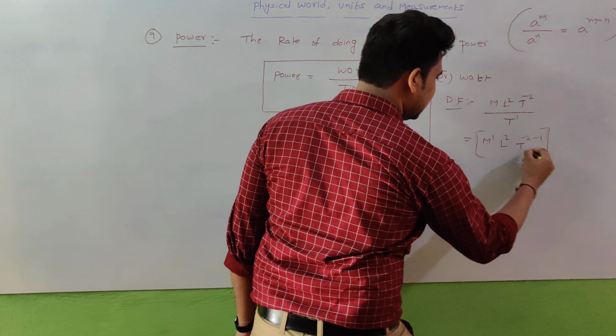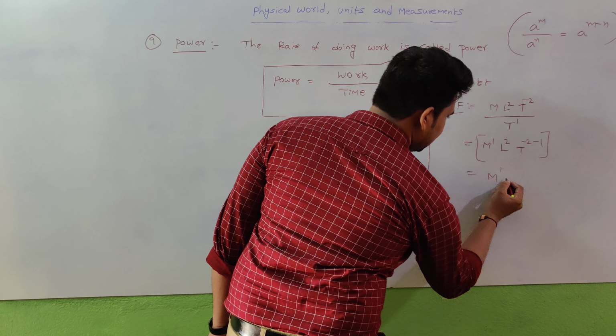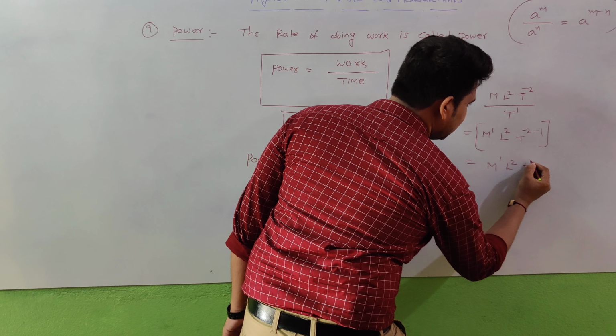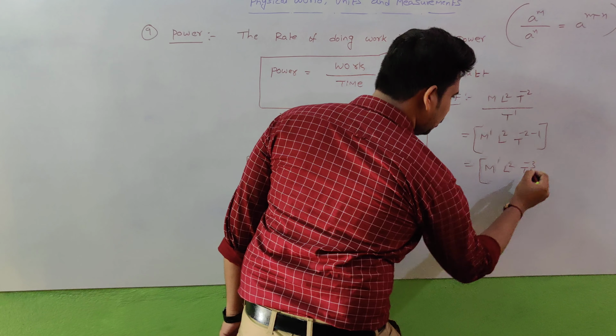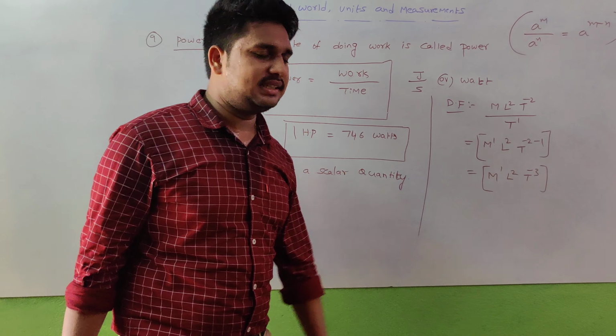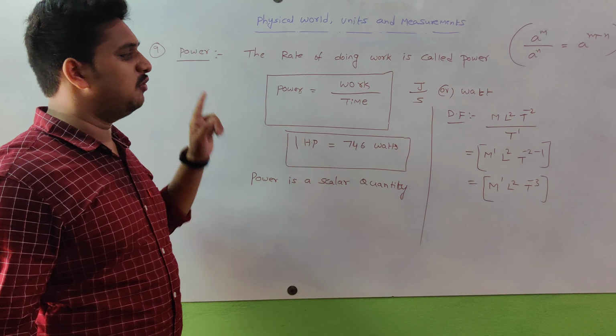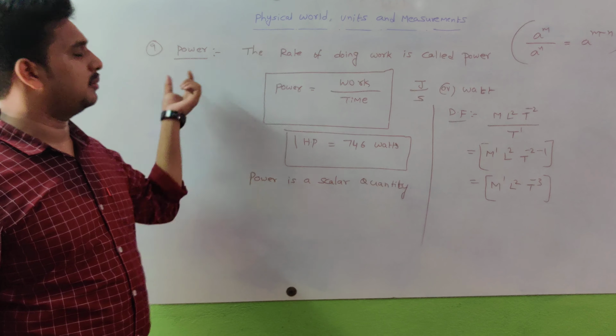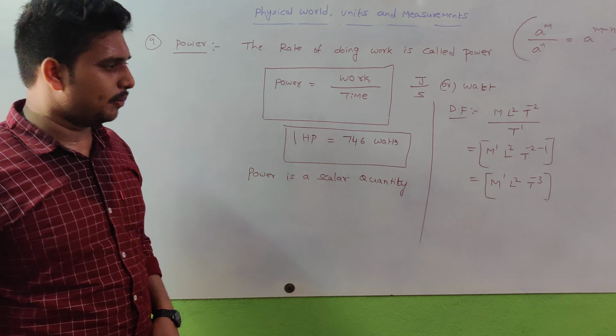Then we get M power 1 L square T power minus 3, which is the dimensional formula for power. Next topic.